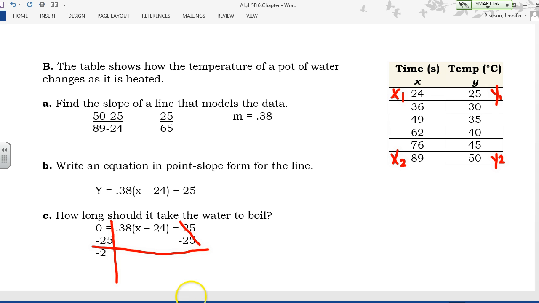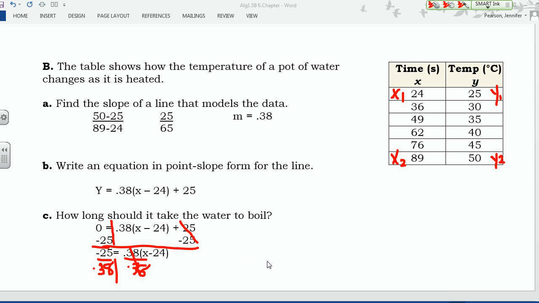So on the bottom here I have negative 25 equals 0.38 x minus 24, and the 25 is gone. Next, I will divide both sides by 0.38.